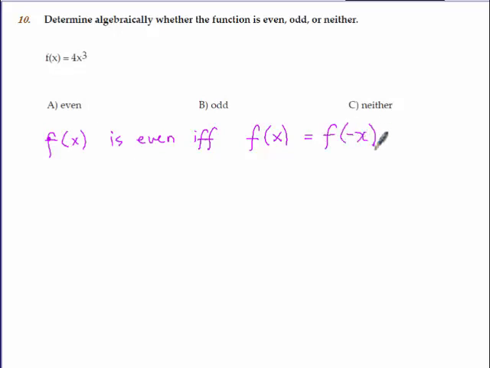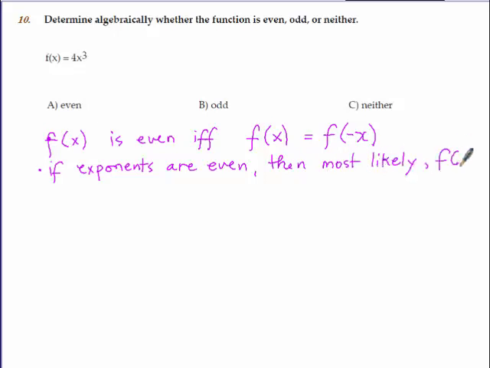But to make your assumption really appropriate or accurate, you have to look at the exponents first. You have to evaluate the exponents. If the exponents are even, then most likely f of x is also even.